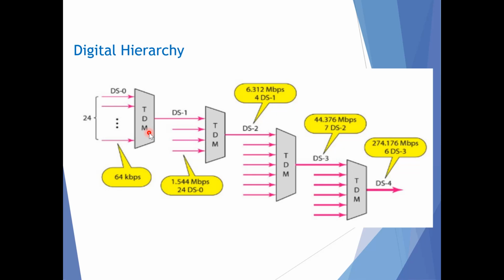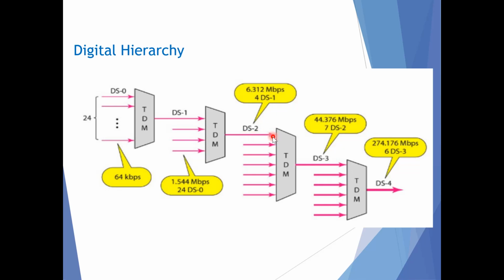Such 24 DS0 signals will be multiplexed by using the first multiplexing level. Similarly, such 4 DS1s will be here. We can see DS1 again, third and fourth DS1. We will be getting the DS2 group.